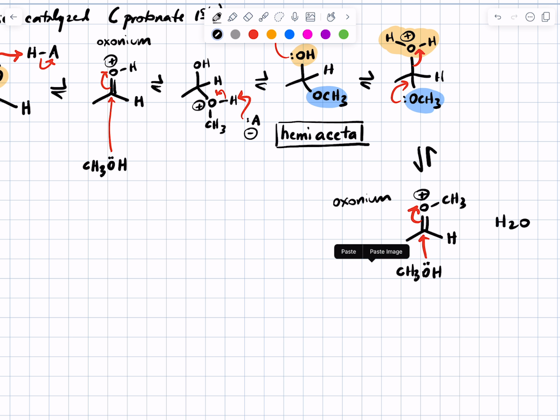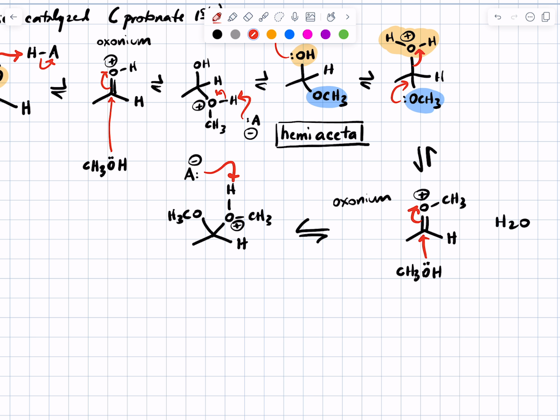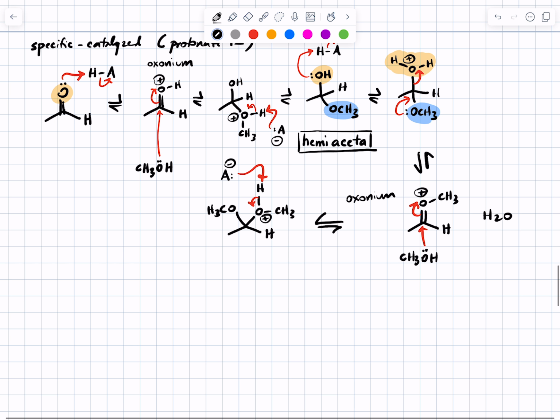That installs our second methoxy group. It's got a positive charge on it because it came with the hydrogen, and we can use the conjugate base of our acid to remove that proton, and that will get us to our final acetal product.